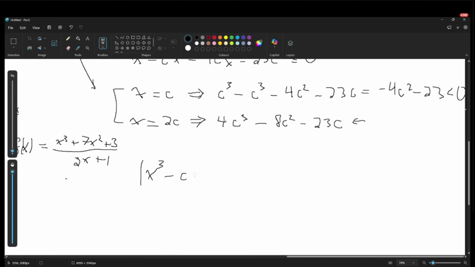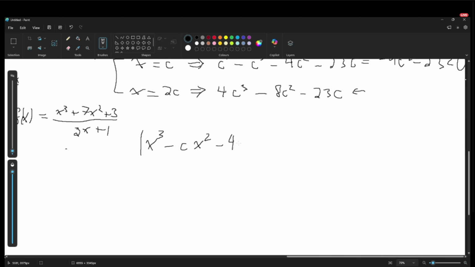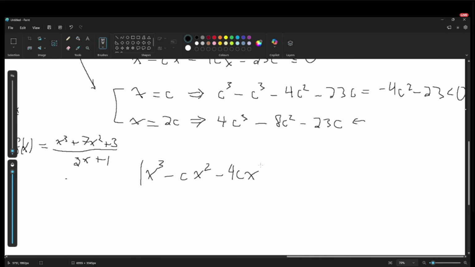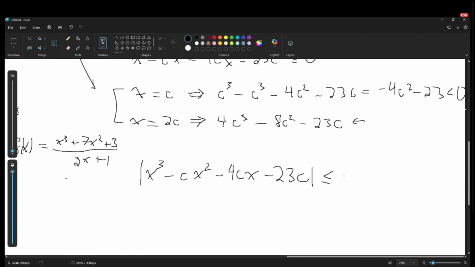So you would kind of write something like this, minus 4cx minus 23c. And then this is less than or equal to, let me write it more explicitly.